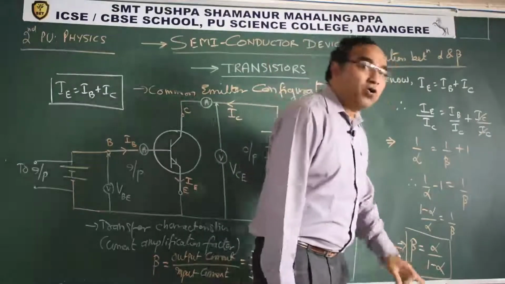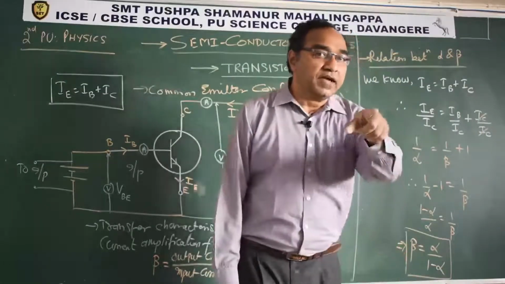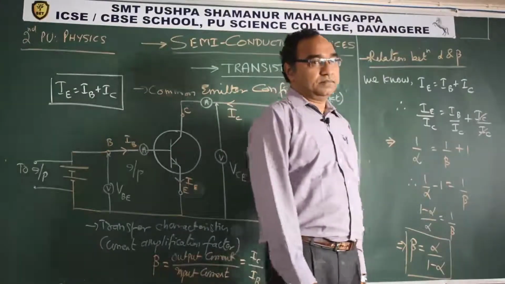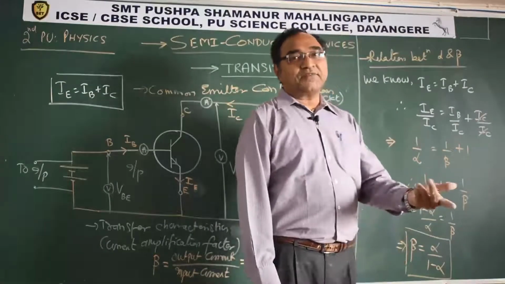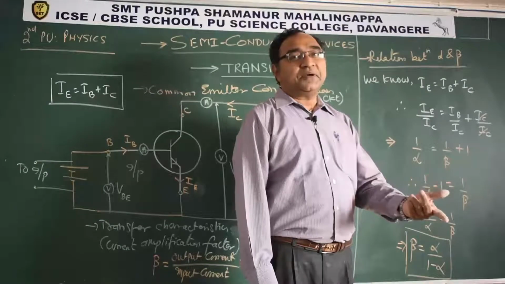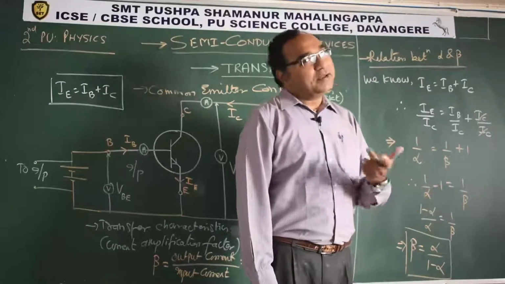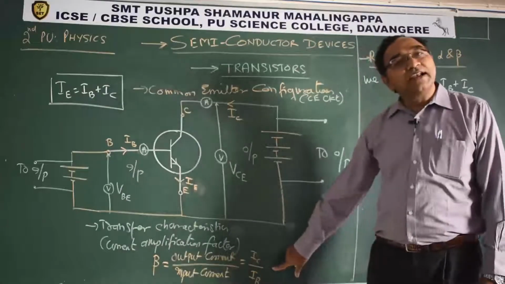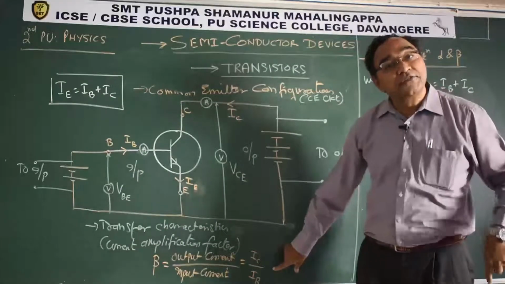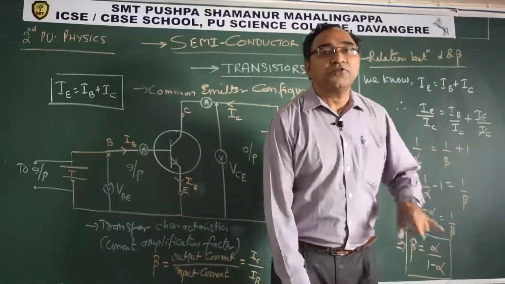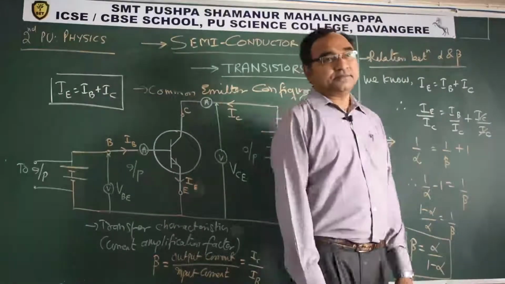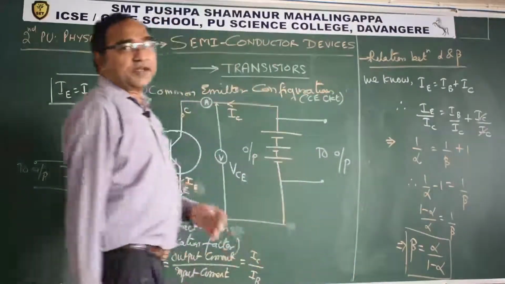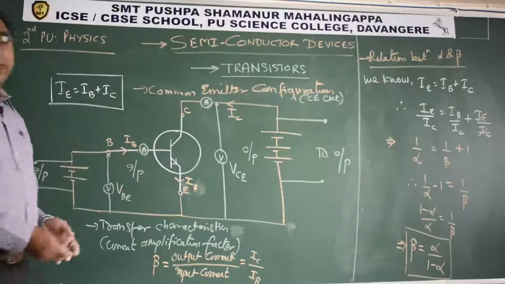So if we got the equation as alpha minus 1, there we can say the equation is wrong. Because alpha is less than 1, if you had the equation as alpha minus 1, it should be negative. And beta is a ratio. How can this be negative? So this cross checks that our equation is perfectly correct. Got it? This is exactly how we keep on cross checking.